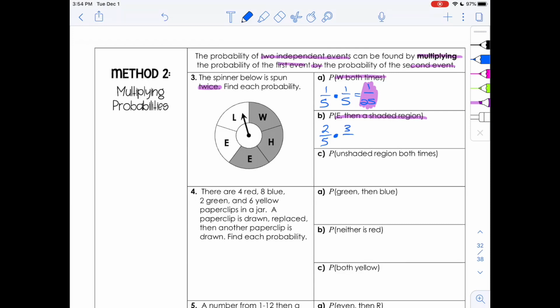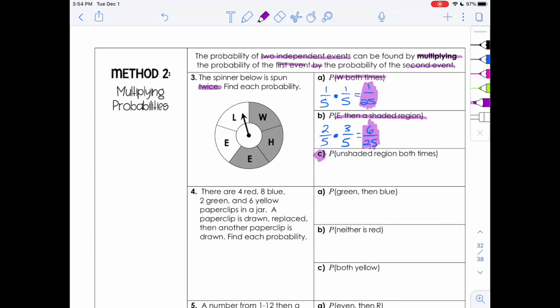There's 3 out of the 5 sections that are shaded. So then we can multiply. 2 times 3 is 6, and 5 times 5 is 25. So the probability that the first time it will land on E and the second time it'll land on a shaded region is 6 out of 25.